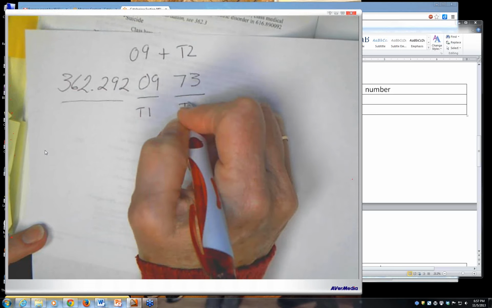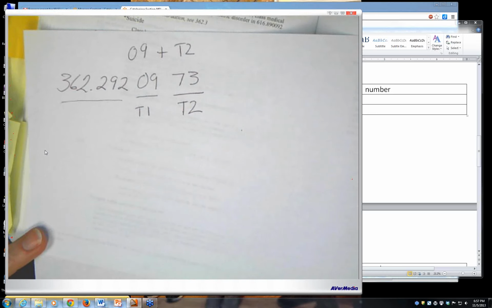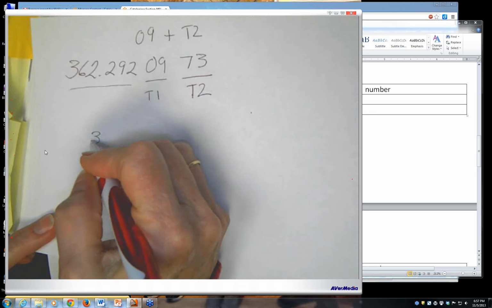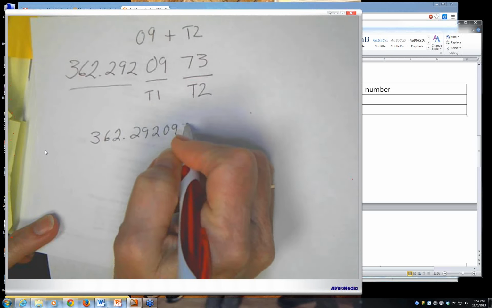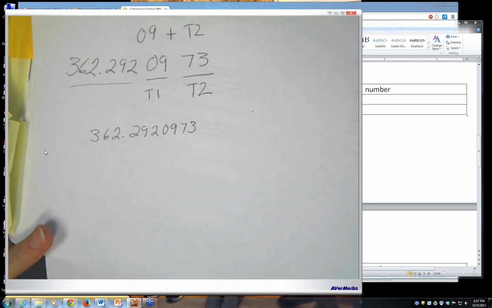It's our Table 2 number. So our new number is 362.2920973.